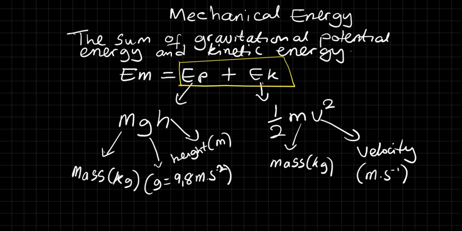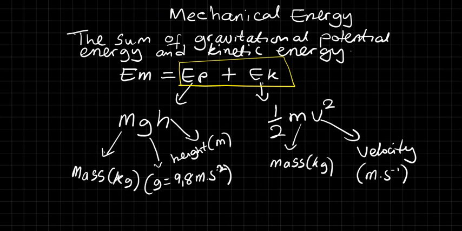So whenever we have to calculate the mechanical energy, we need to know at that point what is our potential energy and what is our kinetic energy, to add those two values to get our mechanical energy.